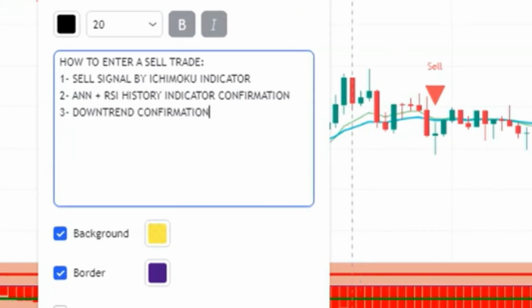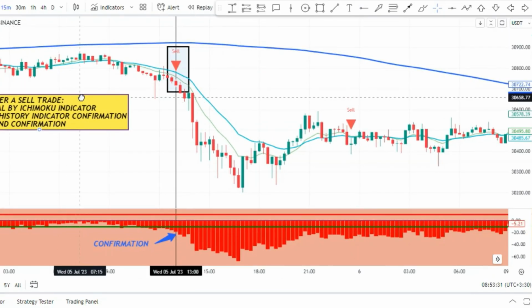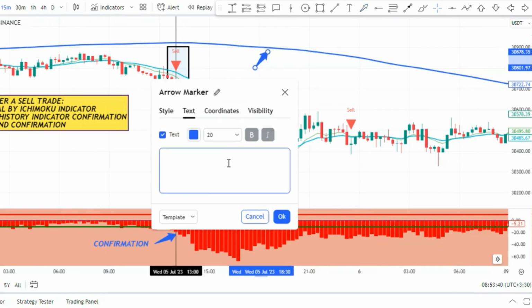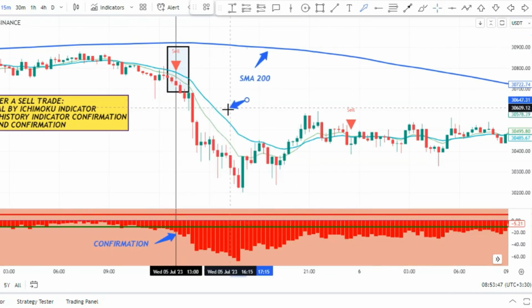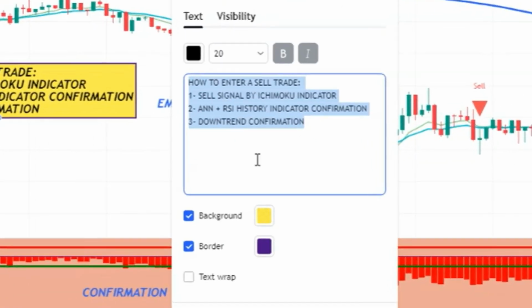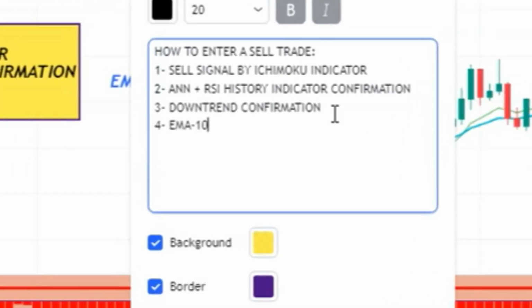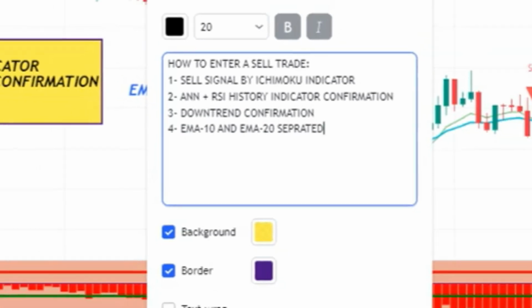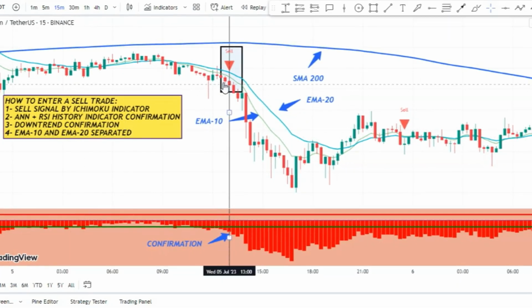Both EMA 10 and 20 must be parked below the SMA 200. Finally, to fully validate the sell signal, the EMA 10 and EMA 20 have to be split apart and not going sideways. So when all conditions are cleared for landing, we're cleared for takeoff.